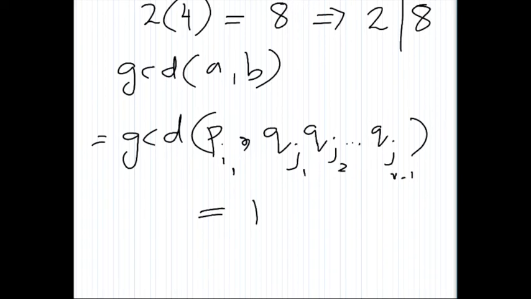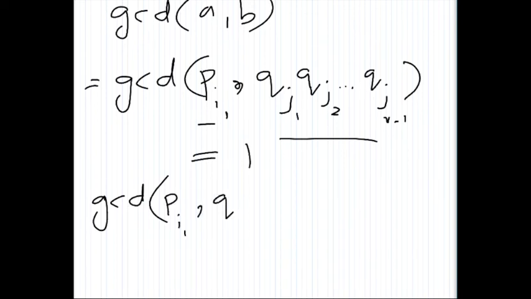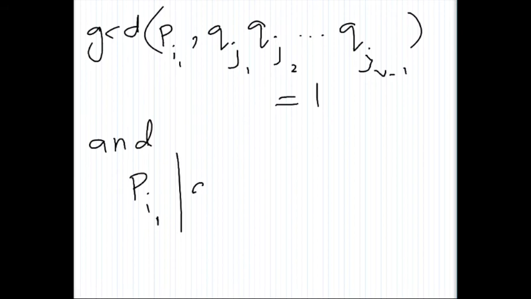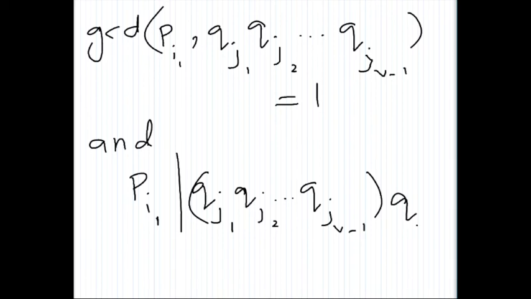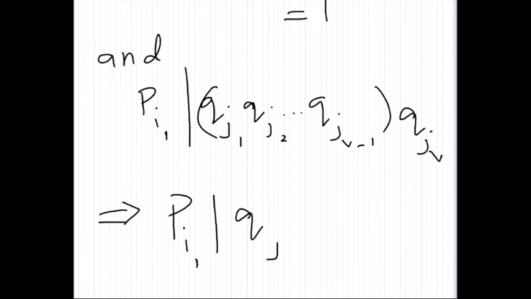Now we go back to our initial lemma. The GCD of p_i1 and q_j1, q_j2 up to q_j(v minus 1) is equal to 1, and p_i1 divides q_j1, q_j2 up to q_j(v minus 1) times q_jv. Then by the lemma we studied at the start, p_i1 divides q_jv.